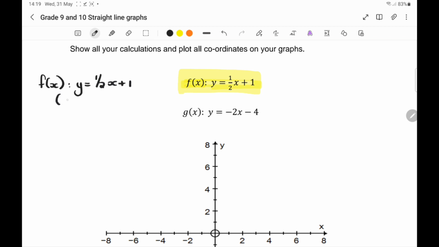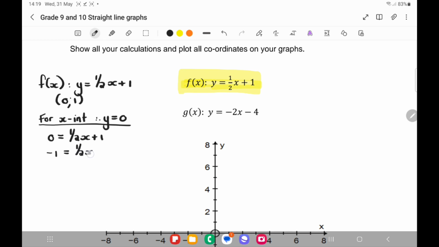so can you see the one coordinate we already have? It's that y-intercept. So we've got the y-intercept, and then for the x-intercept, we're going to make y 0. So in that, you've got 0 is equal to a half x plus 1. You throw that positive 1 over and it becomes a negative 1 is equal to a half x.